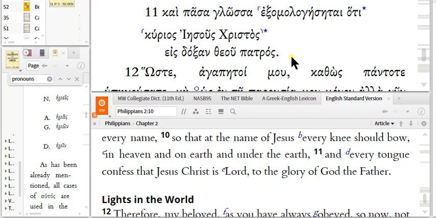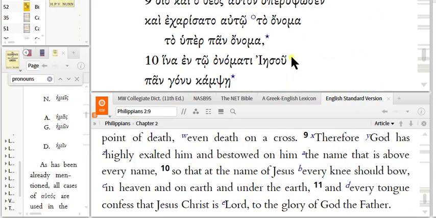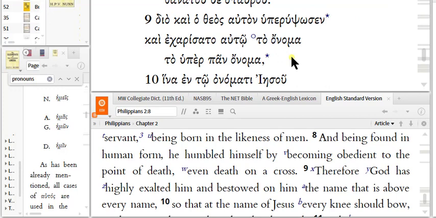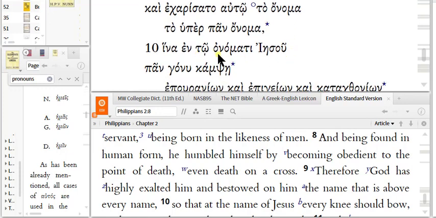All right, now, I want to take you back to this issue of the name above every name, verse 10, in order that at the name of Jesus. Here's the question. This is an important question. What's the head noun here? Name, onomati.